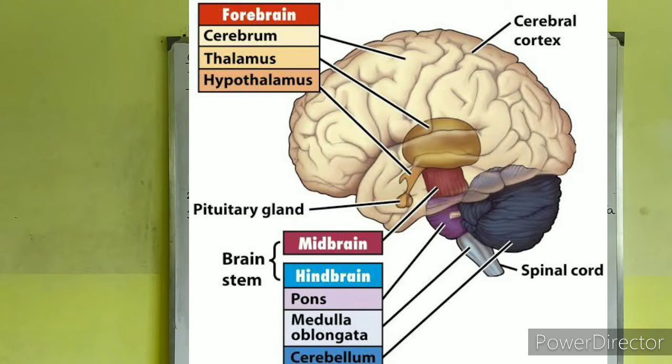Next, you observe the midbrain. The midbrain is labeled all together. Next is the hindbrain. The hindbrain comprises of the pons, medulla oblongata and cerebellum, as I have already told you. And I have also told you that the midbrain and hindbrain are often together known as the brain stem.